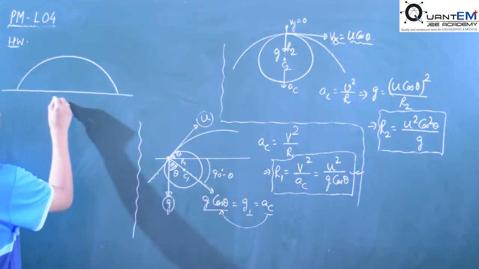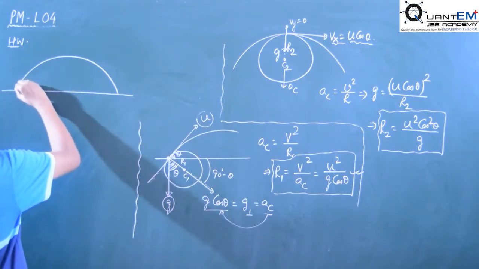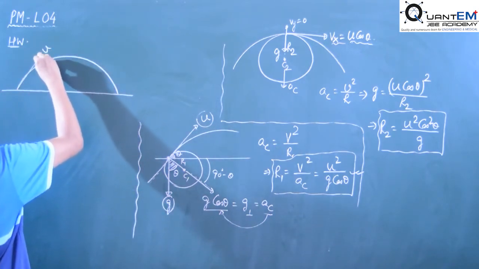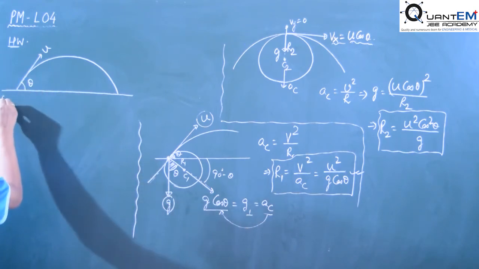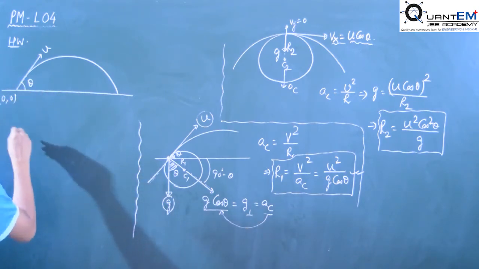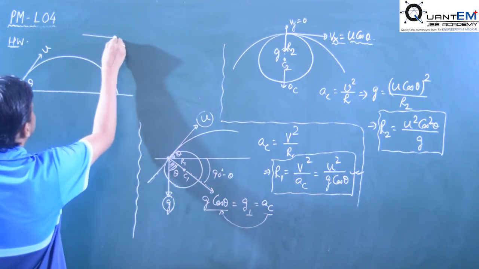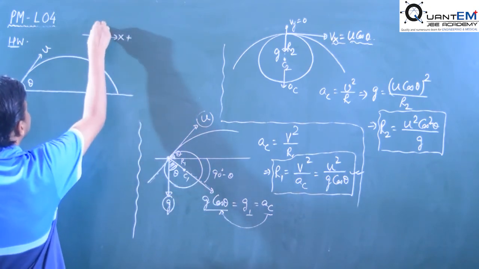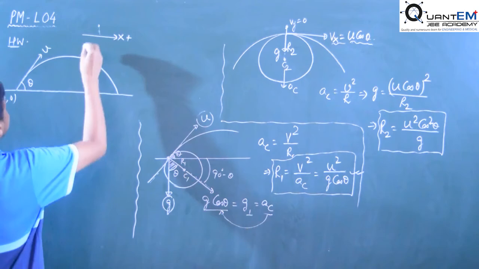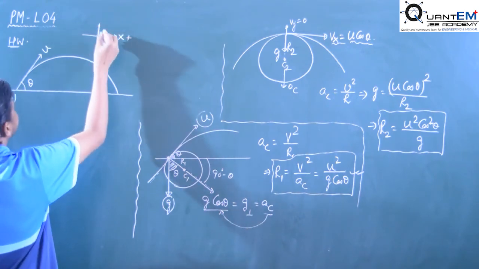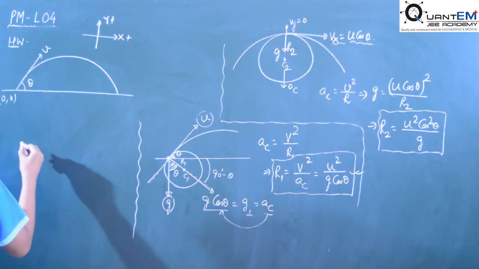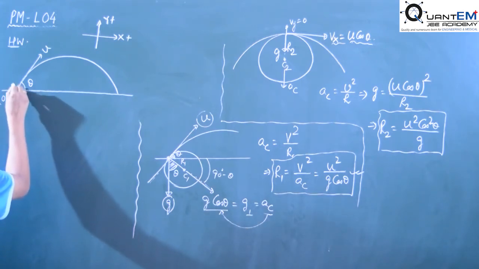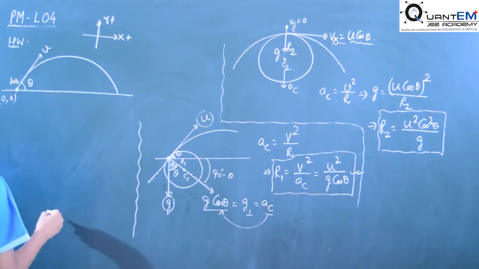It is a projectile over a horizontal surface. The projection speed is u, the projection angle is theta. This is the origin of the coordinate system. This coordinate is x positive, and this coordinate is y positive, and the mass of the particle is m.